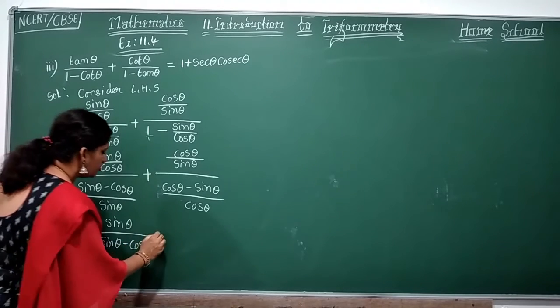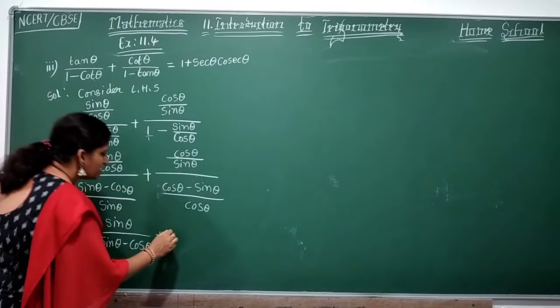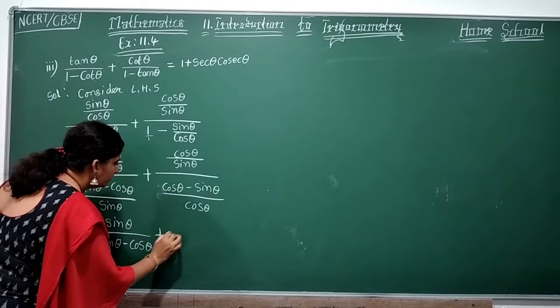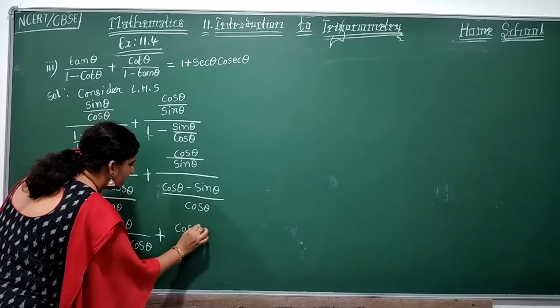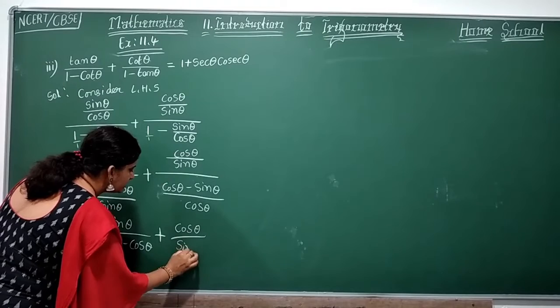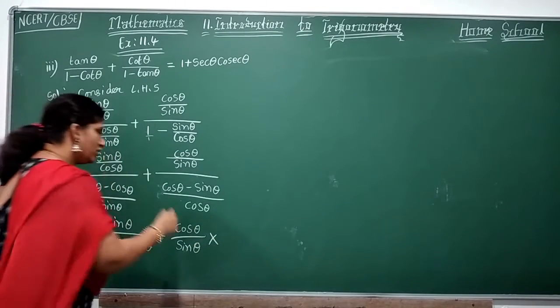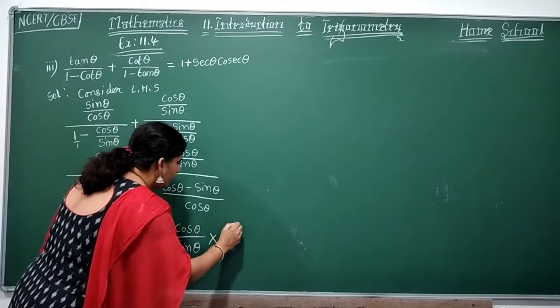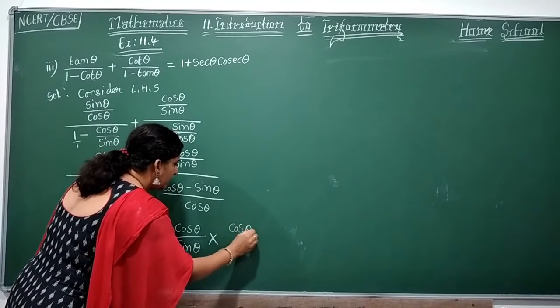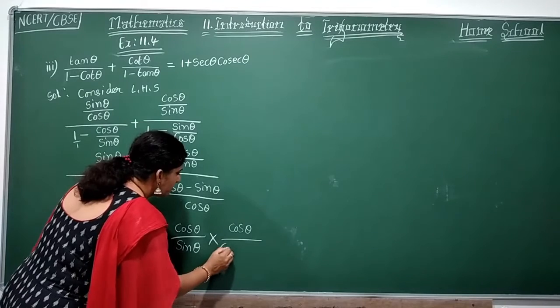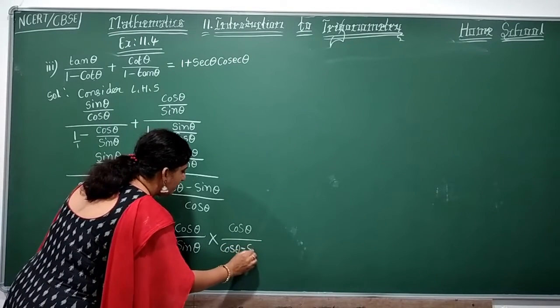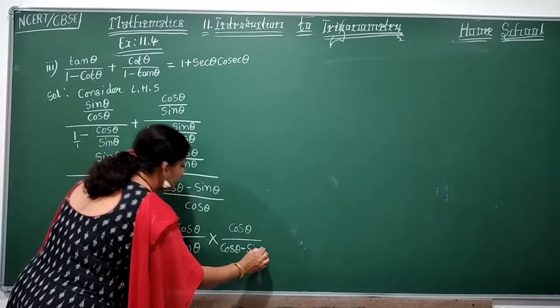Okay. So plus, same manner, bring this one to the numerator part. Cos theta by sin theta into, okay, so now this bring to the numerator. Cos theta by cos theta minus sin theta.